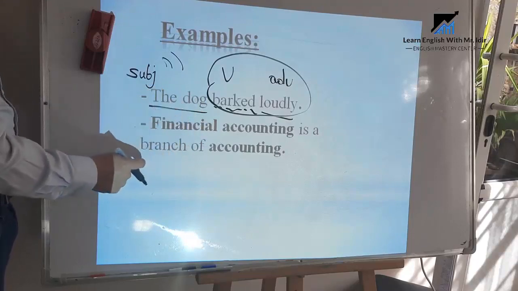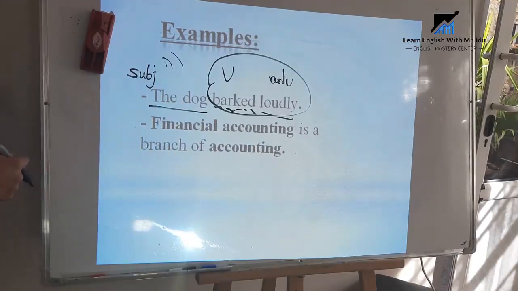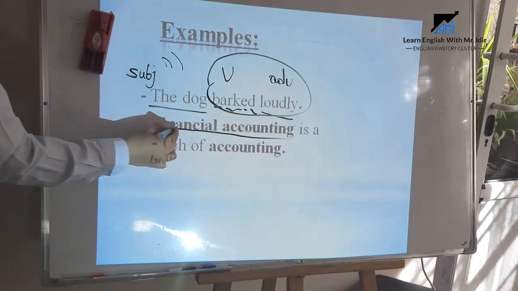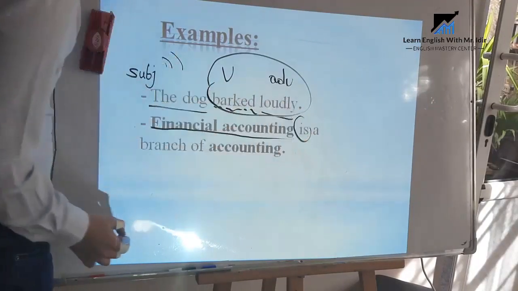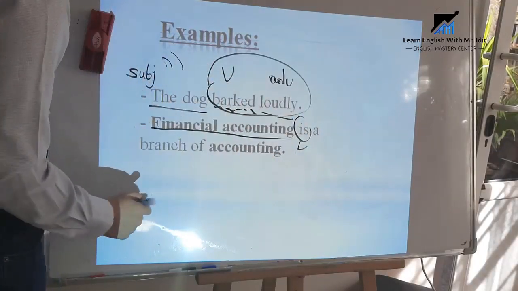Financial accounting is a branch of accounting. I give you some time to reflect on it. Financial accounting is the subject, is is the verb, and we have here the complement.